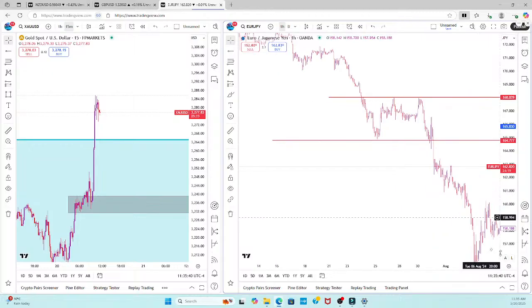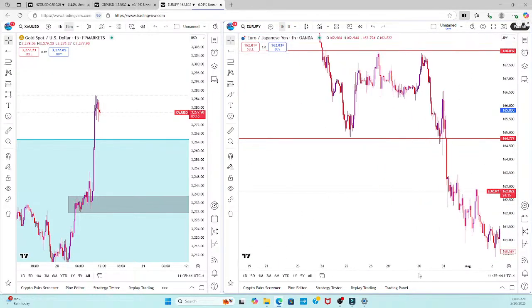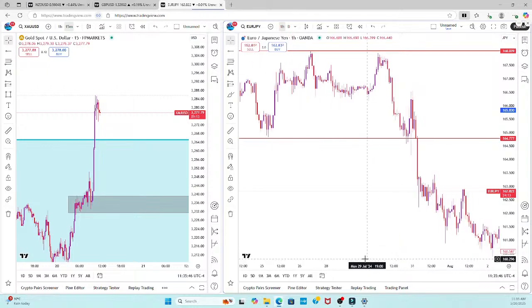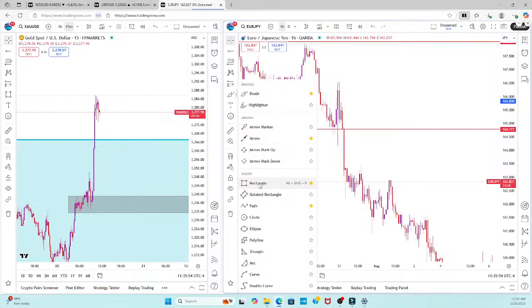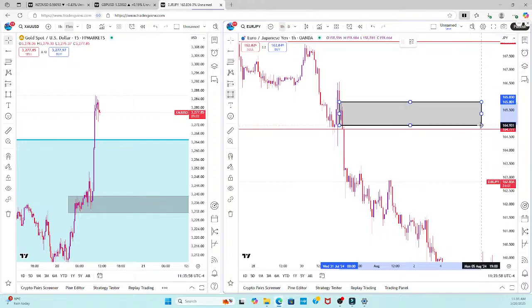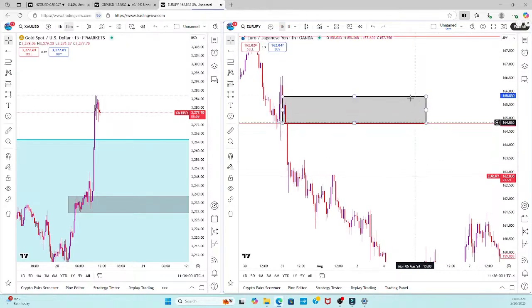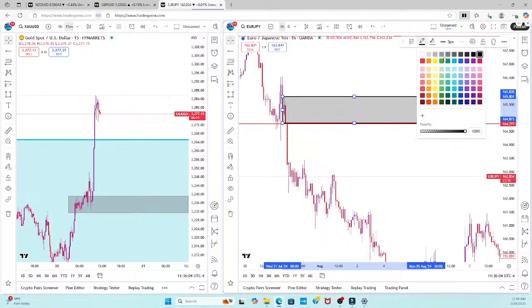Let me mark all the internal resistance that I see on this chart. This is the candle that broke this low here. In terms of the internal resistance, we have one right here. Let me actually mark it.